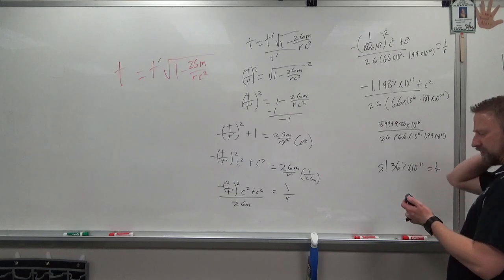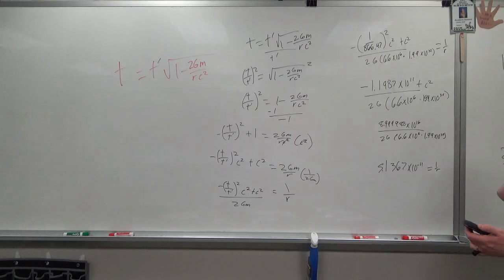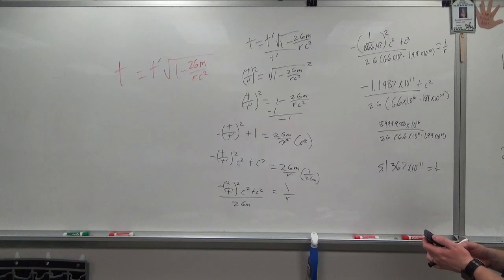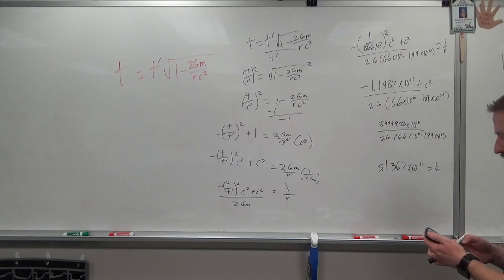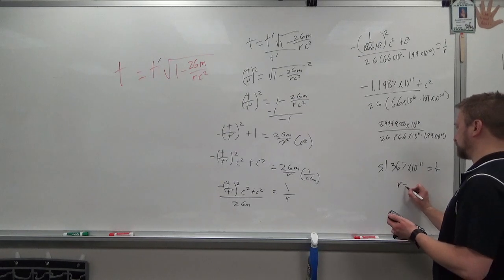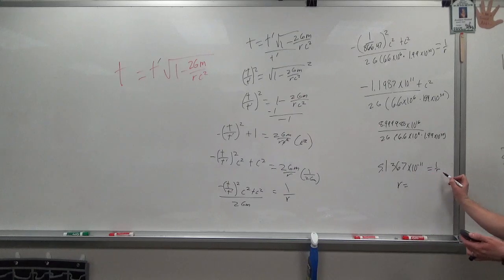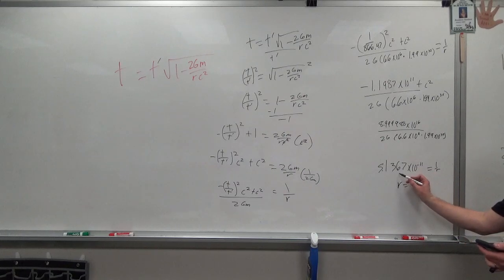It's 1 over r. So I should be able to take 1, divide by my answer, right? And it gets me a radius. All I'm doing is switching the r in this number places.